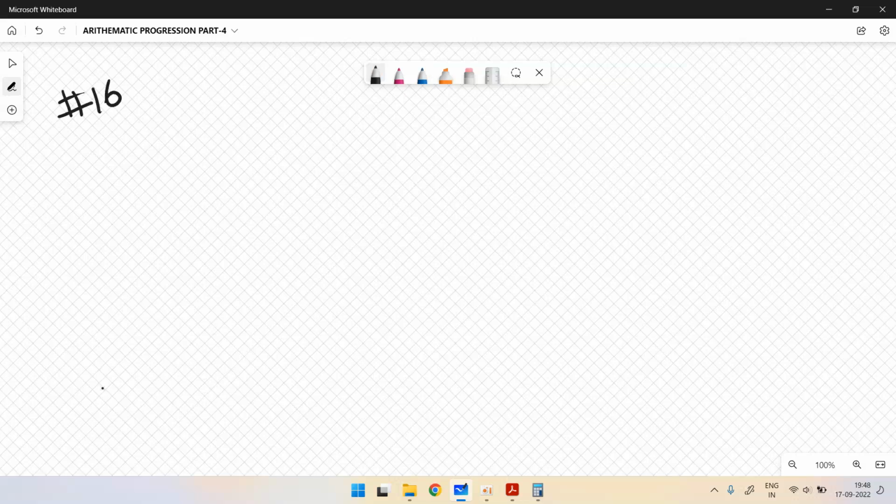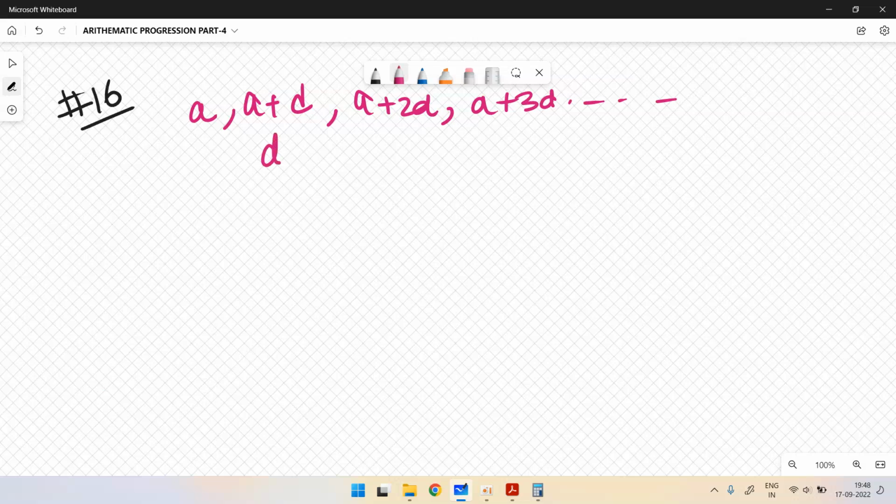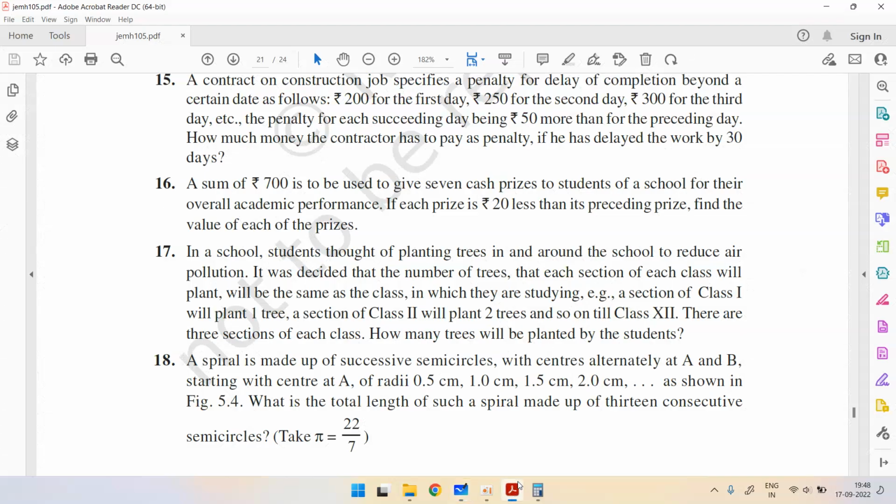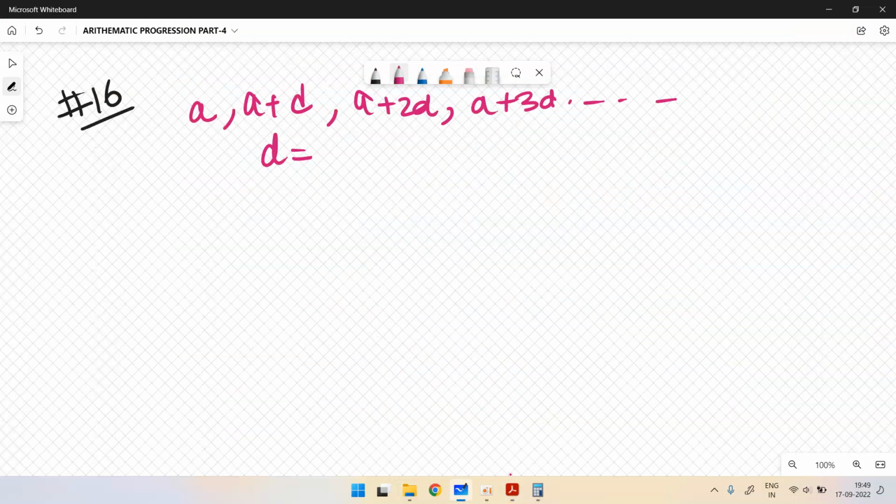Suppose the prize value is a, so a minus d is a decreasing value, a minus 2d, a plus d, a plus 2d, a plus 3d, and so on. It's given that every cash prize is decreasing by rupees 20, so the value of d is rupees 20.